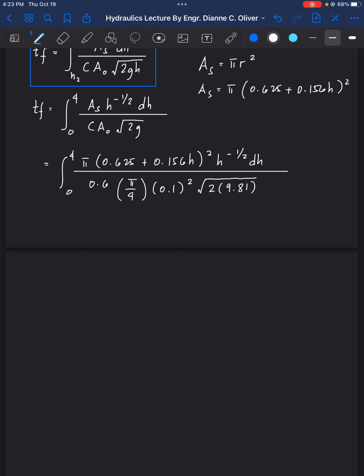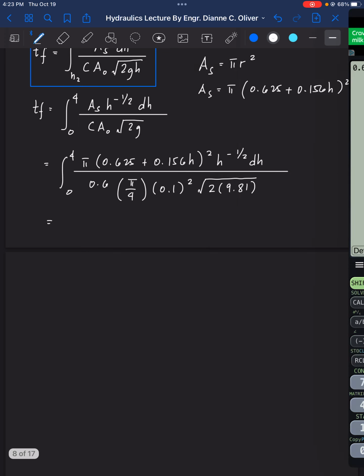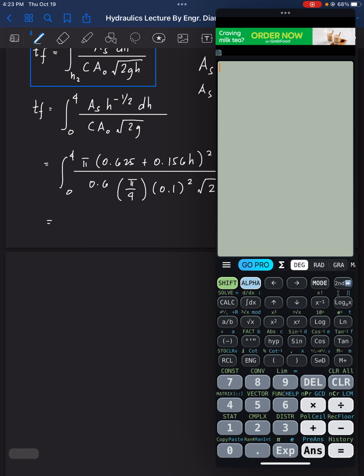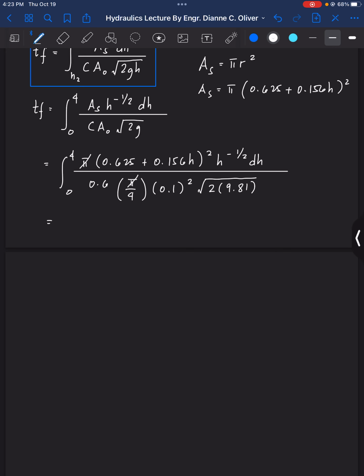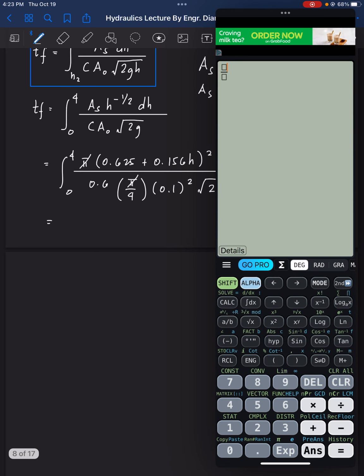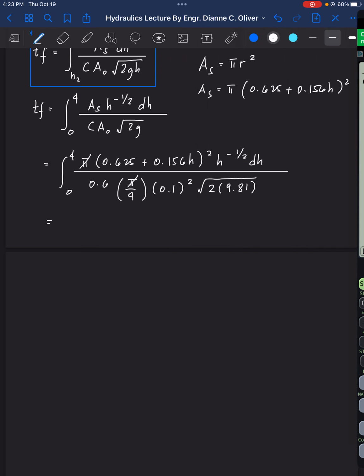So TF now is equal to, let's cancel pi here. That is 4. Let's reduce this one: 4.6 times 0.1 squared, square root of 2 times 9.81. So 150.51. So this becomes 150.51 times the integral from 0 to 4.